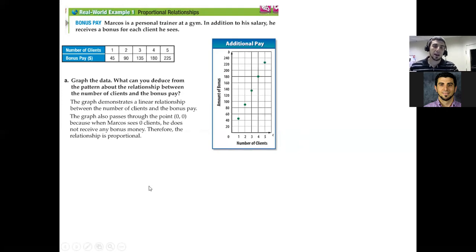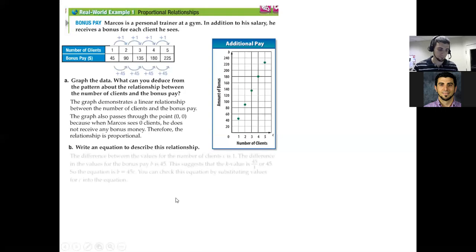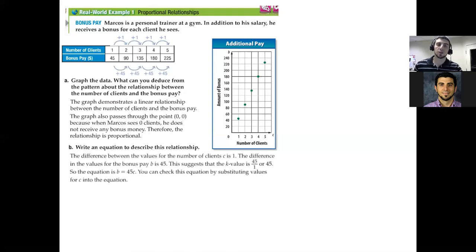So now we know that the relationship is proportional because it goes in a line and it would pass through (0, 0). So we can write an equation to describe this relationship. The difference between the values for the number of clients c is 1.